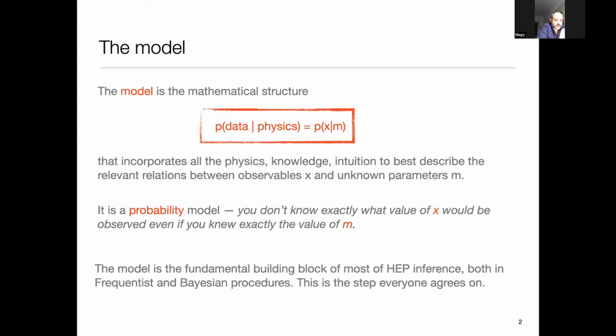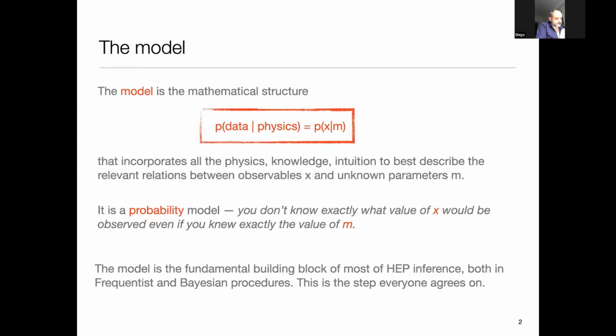The inference is the process by which one uses measurements to determine values of theory parameters, and the model is the basis of this, because it's a mathematical structure which I symbolically identified as P of data given the physics, and this vertical bar is important, it is a conditional symbol. You set the physics and you get the data. So P of the data given the physics, which in symbols is P of X given M in my convention.